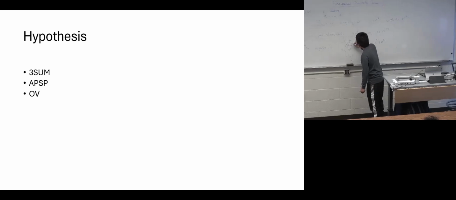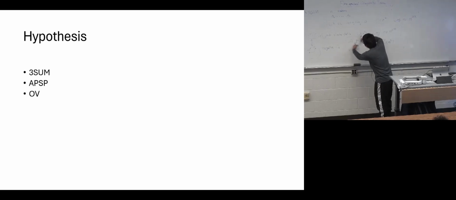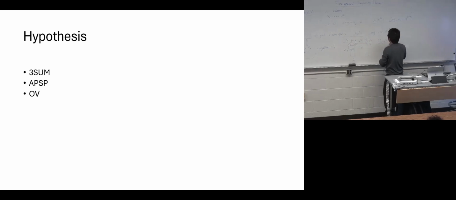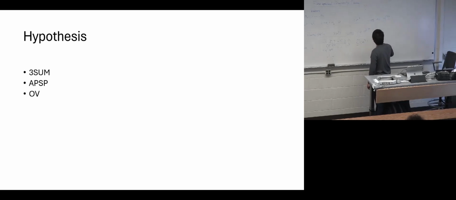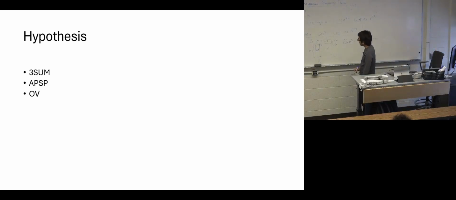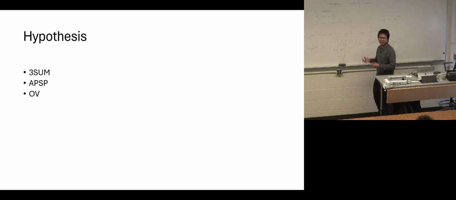Each entry you can compute in time log squared n, and there are n squared entries here, so you can do this. And the conjecture is that there is no fast algorithm. So that's the question, and same story again.